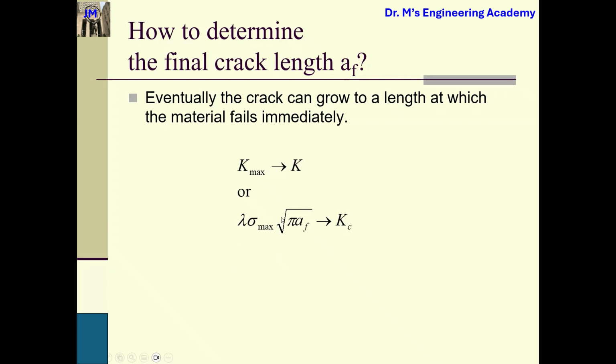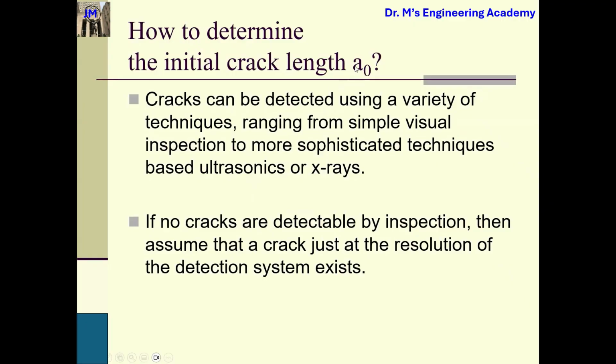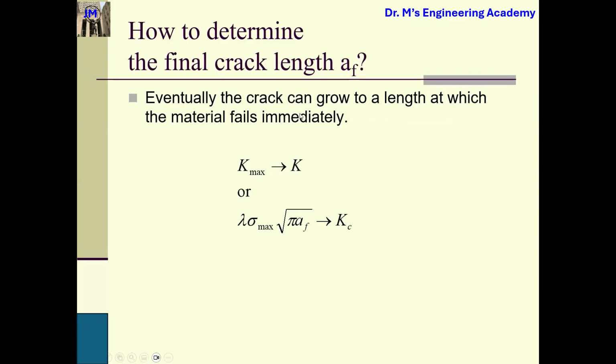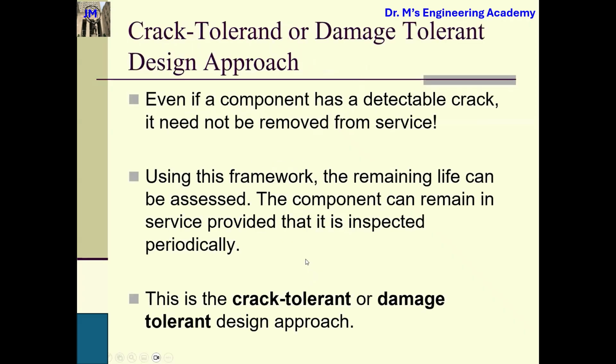So we know how to calculate the initial crack length a0, and we know how to calculate the final length of the crack. I'm going to give you an example, no worries, guys. Now, the crack tolerant, or damage tolerant, design approach: even if a component has a detectable crack, it need not be removed from service.